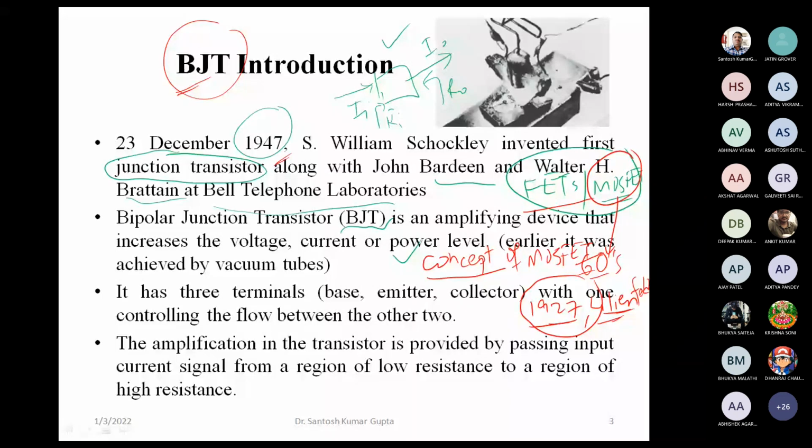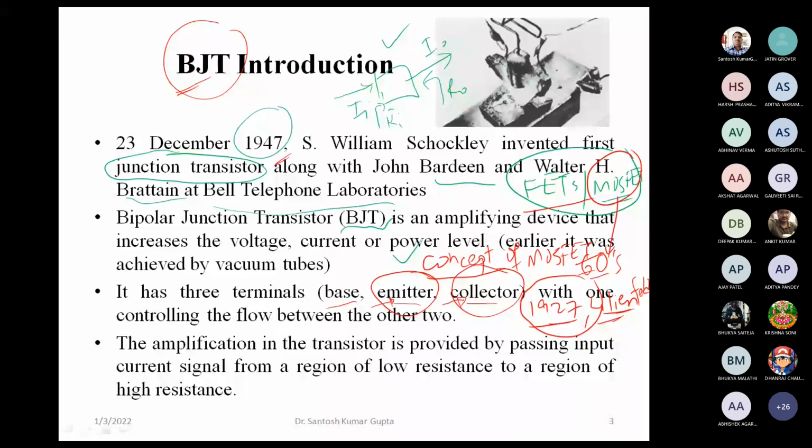BJT has three terminals called base, emitter, and collector. The names emitter and collector are given to the two terminals according to their actions. Emitter means something which emits, and collector is something which collects that emission.